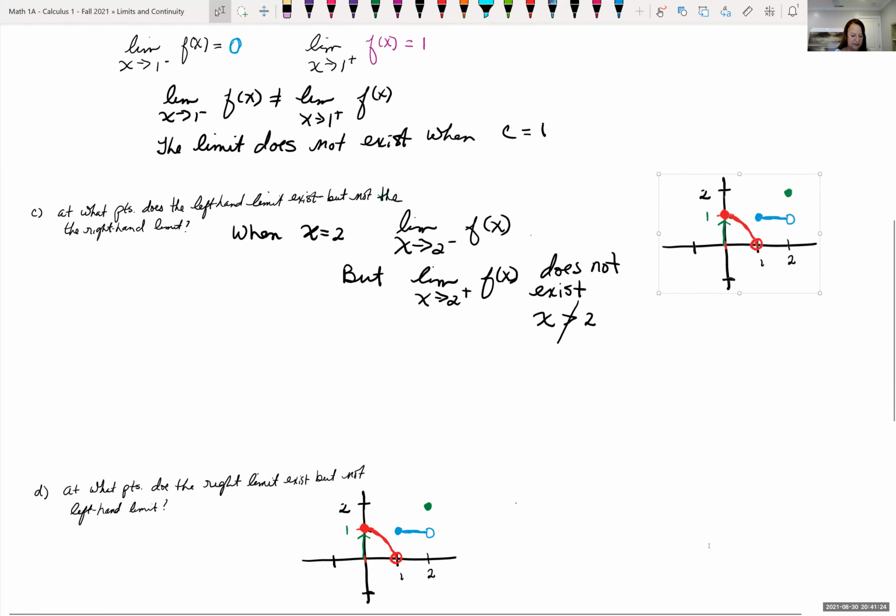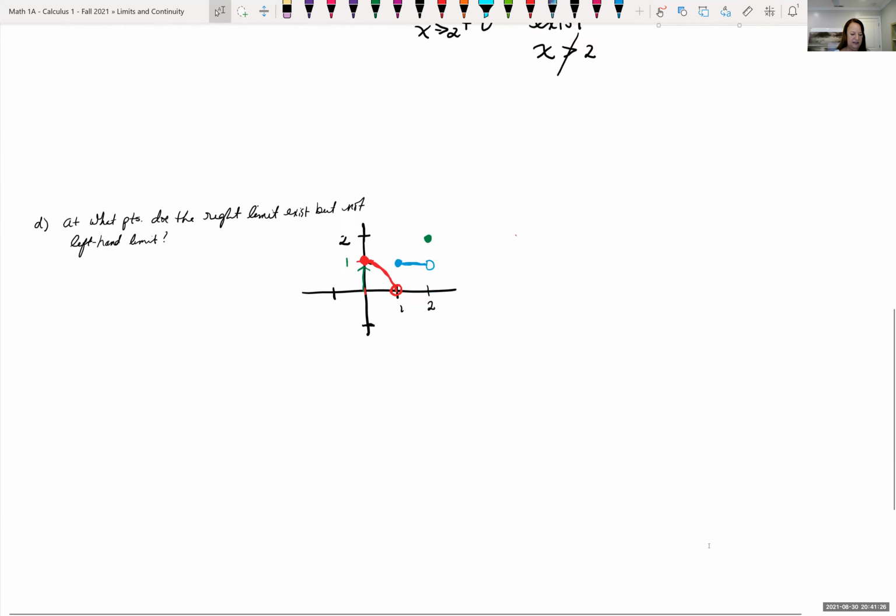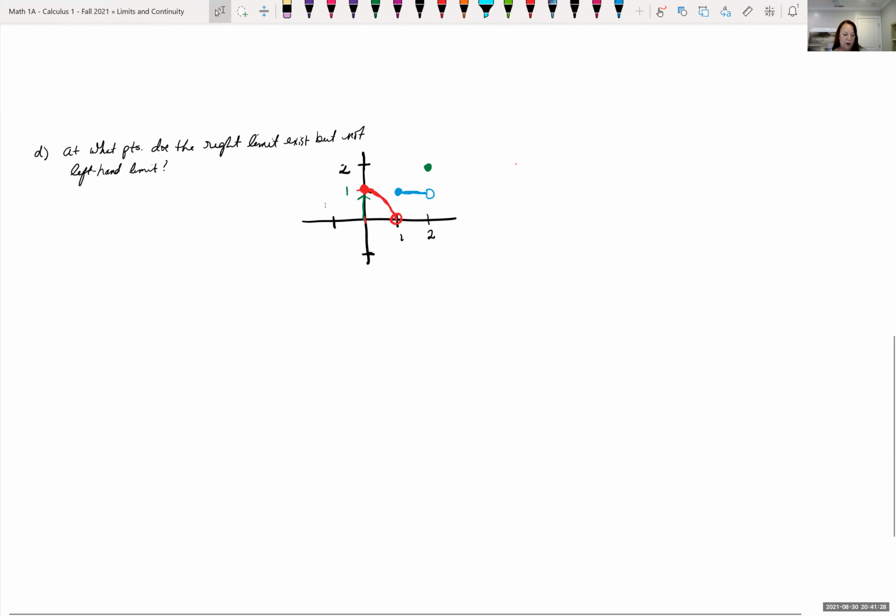So the last piece, it says what points does the right-hand limit exist, but not the left-hand limit? So right-hand limit, we can approach x equals 0.